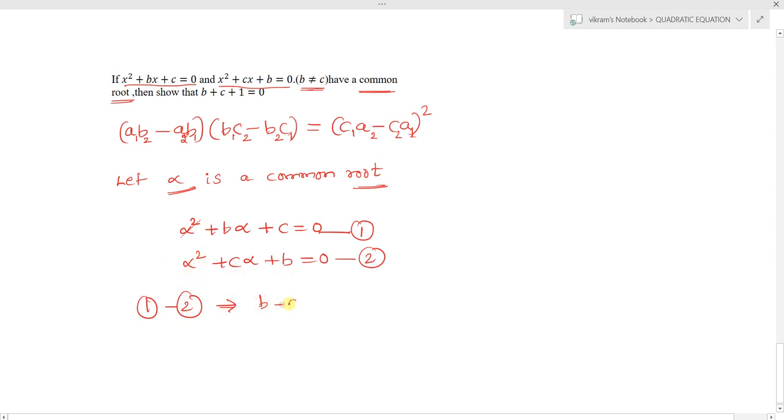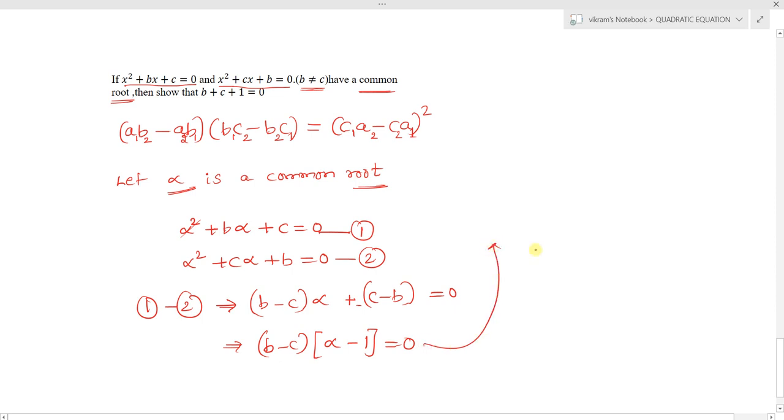We obtain b minus c into alpha plus c minus b equals 0. If we take b minus c as common, we get b minus c into alpha minus 1 equals 0.